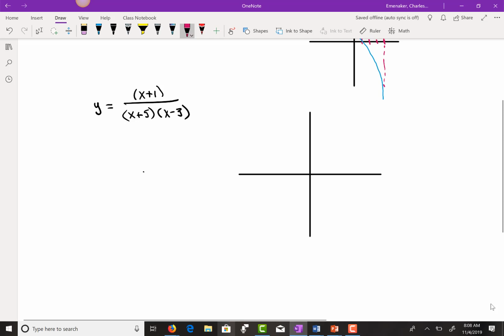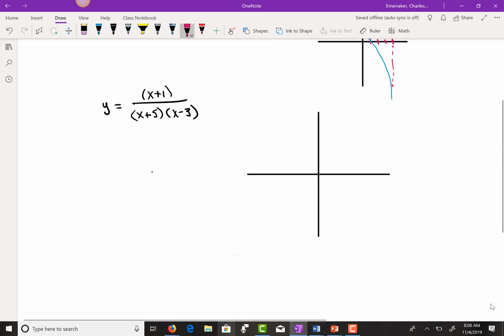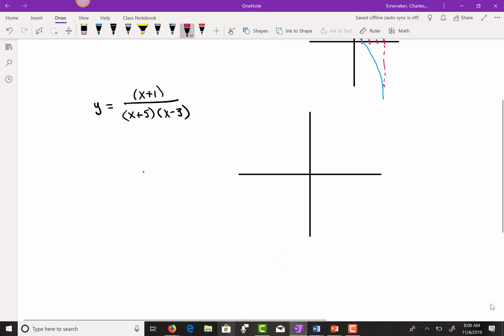First, it's pretty easy to spot a root. A root is where the y value is 0. Now remember, when you have a rational function, a fraction, the function or the fraction can equal 0 if the numerator is 0. Okay? So this means that x equals -1. We've got a 0 right there.